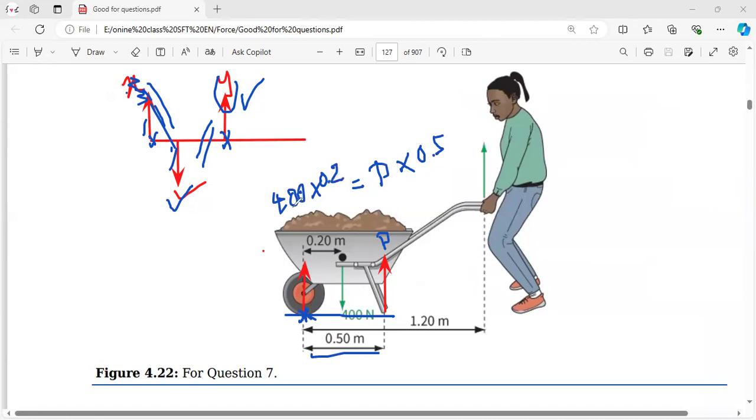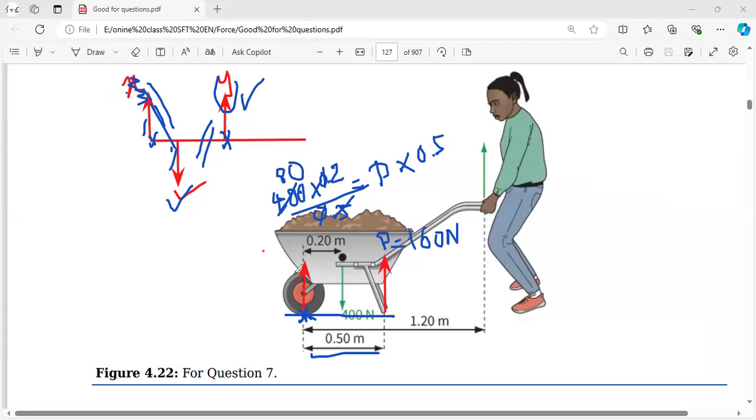Then to find the P value, you have to divide this side by 0.5, right? So 80 divided by 0.5 is 160. P value is equal to 160 newtons.